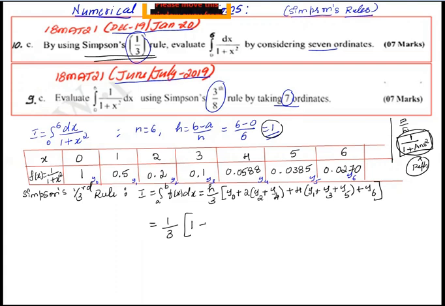Y naught is 1 plus 2 times y2 plus y4. Y2 is 0.2, y4 is 0.0588, plus 4 times y1, that is 0.5, plus y3 0.1 plus y5, that is 0.0385, plus y6, that value is 0.027.